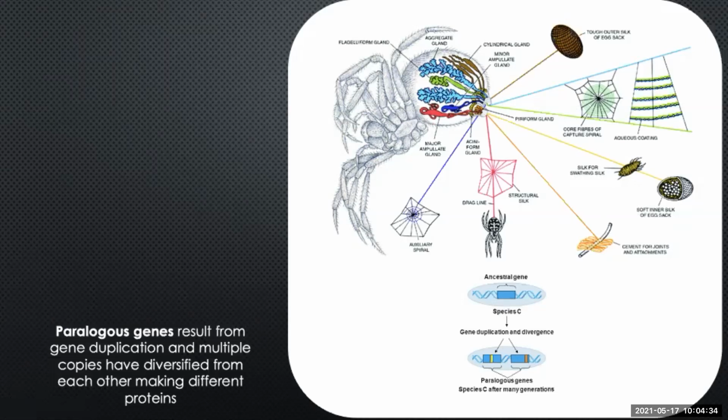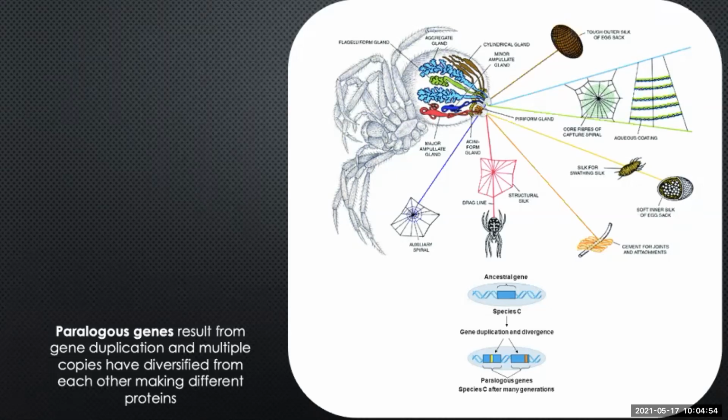And so it's super stretchy, and that's how the capture spiral is made. And then they can also make one that's almost entirely glycine, and so it's extremely stiff. And so that's what it uses to make egg sacs and to wrap up prey, right? So in these cases, you had these same genes that have slowly diverged and changed.